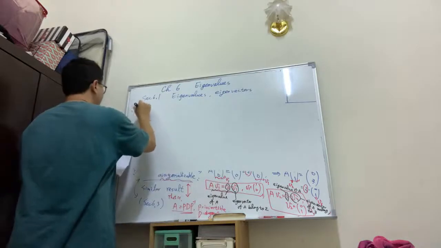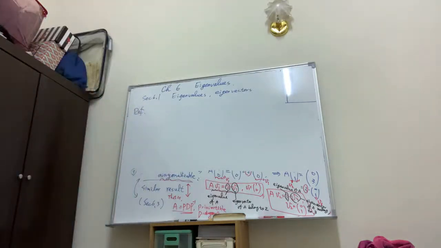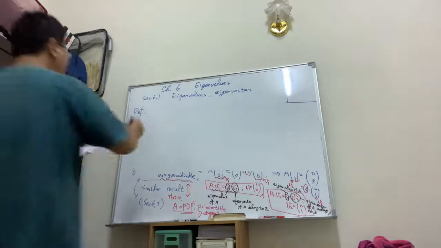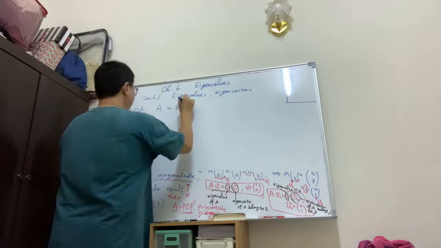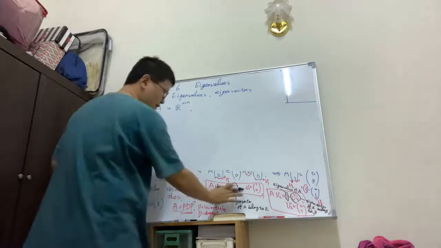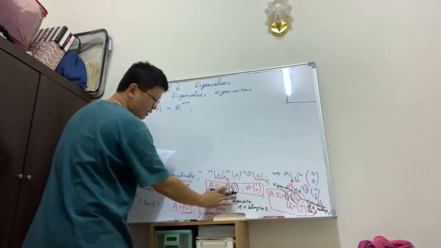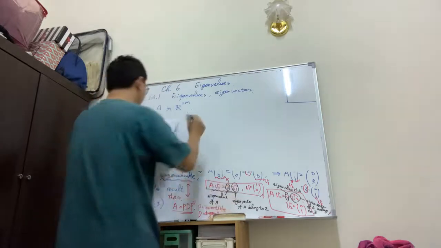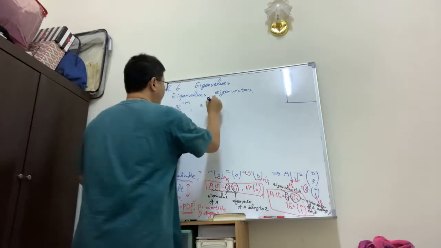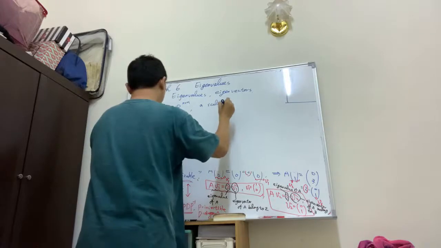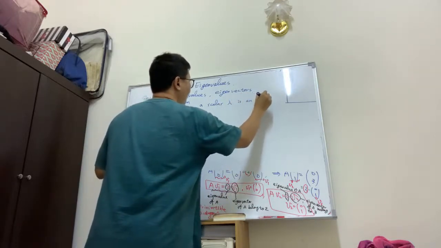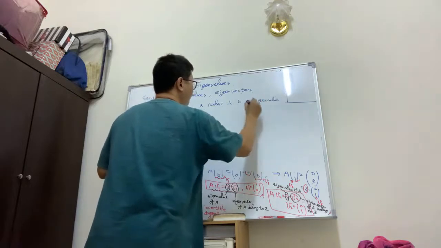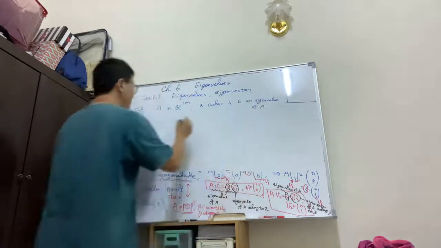First of all, let's see the definition. We have a matrix A, n by n. If we say a scalar lambda is an eigenvalue of A, what does it mean?